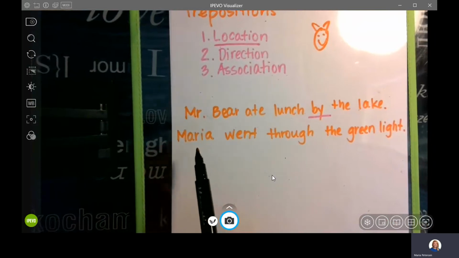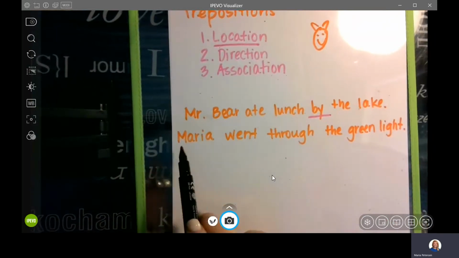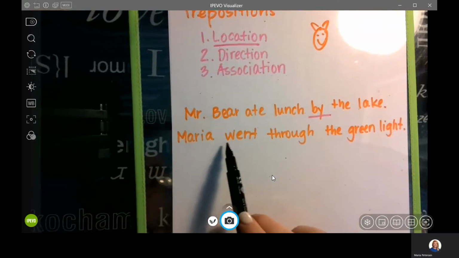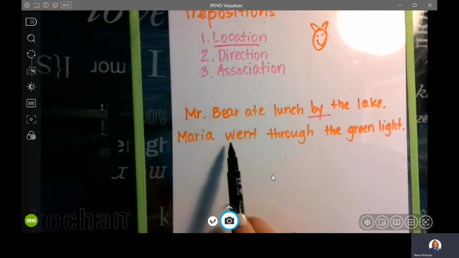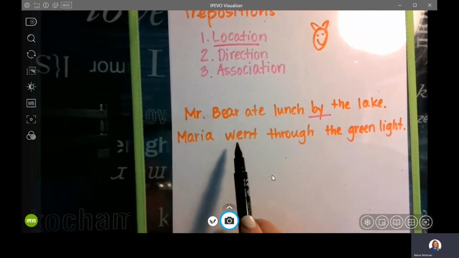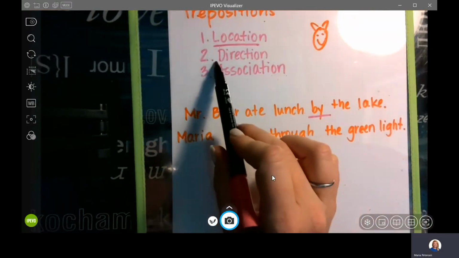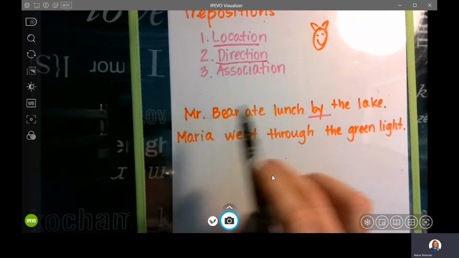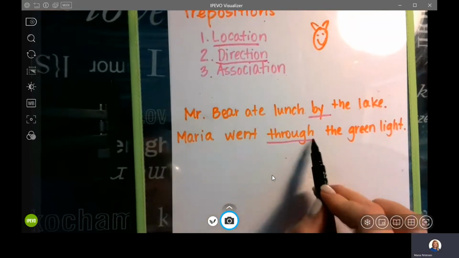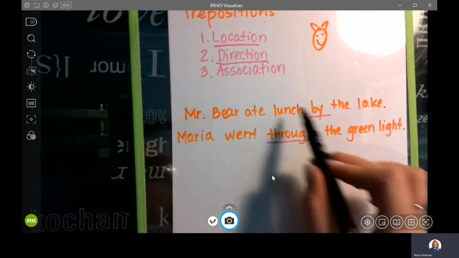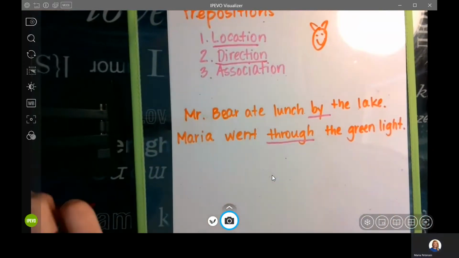It's also Miss Peterson's first name. Maria wouldn't be a preposition because it's a noun. Went is a past tense verb. And then through shows us the direction through the green light. So this would be the preposition here.